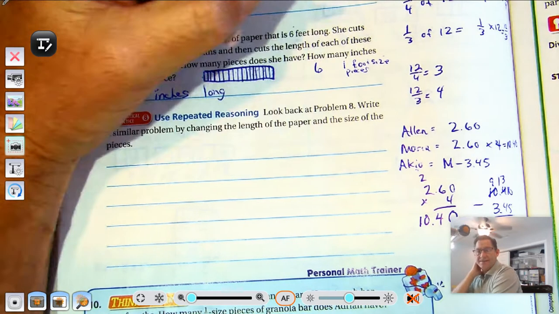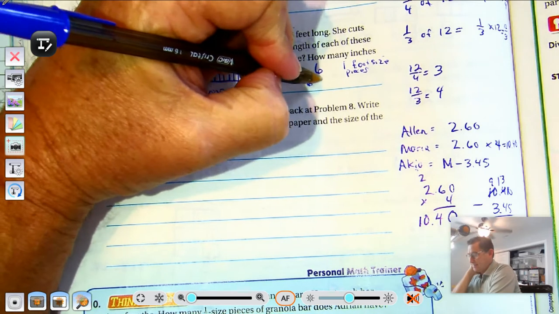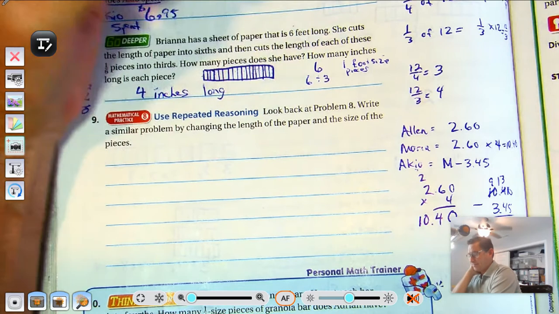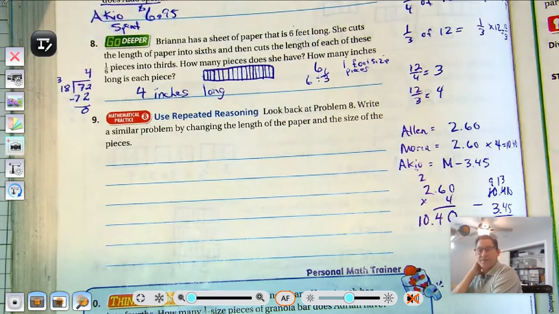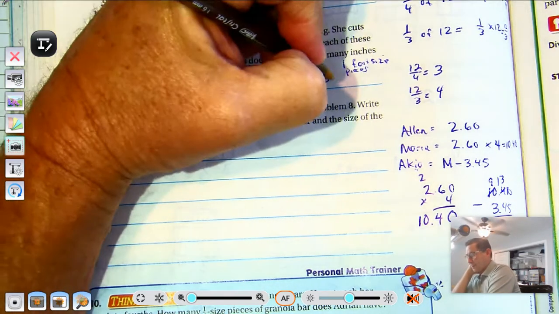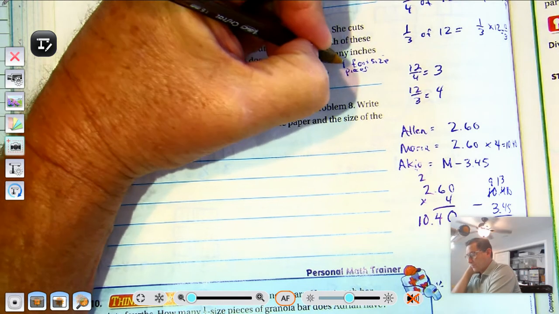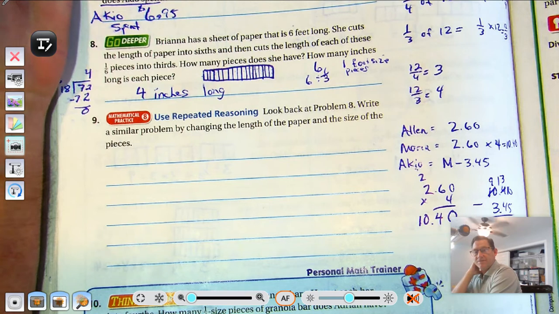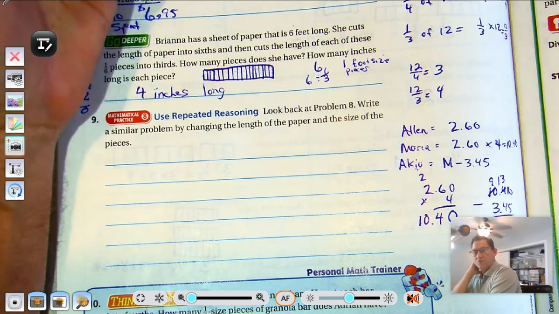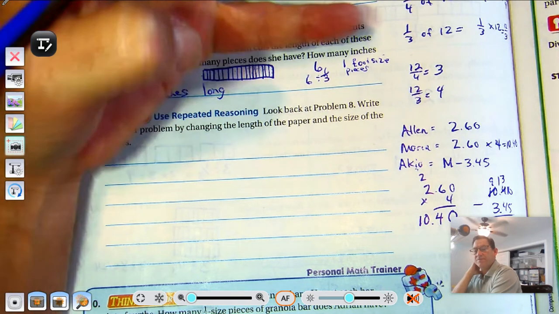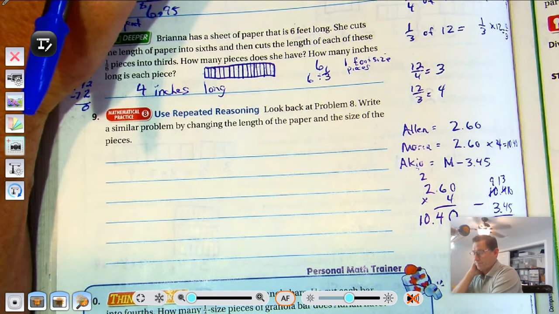We then divided the 6 by 3, by 1/3 pieces, I mean. Okay. Then there's 12 inches in every foot. So if you take 12 inches and divide by 3 pieces, each piece would be 4.